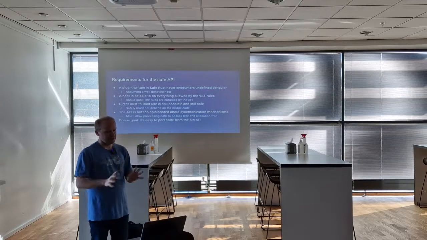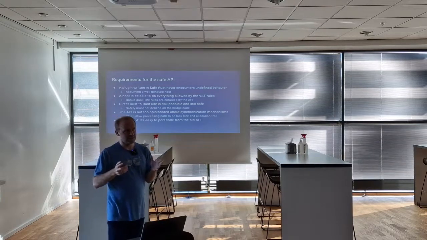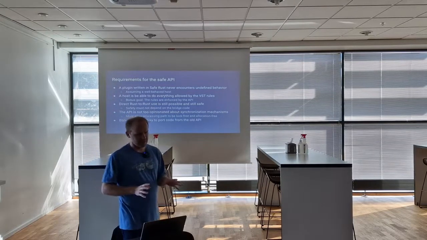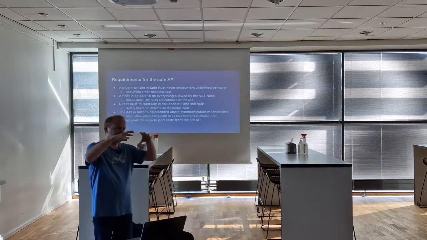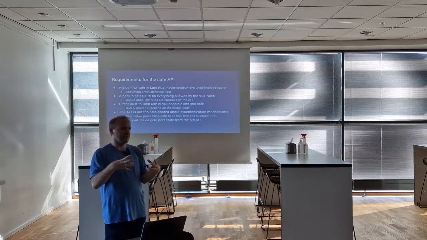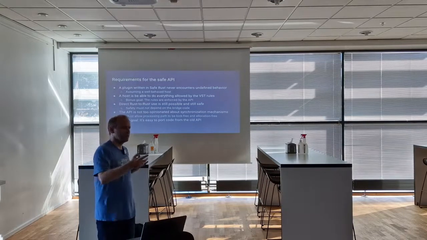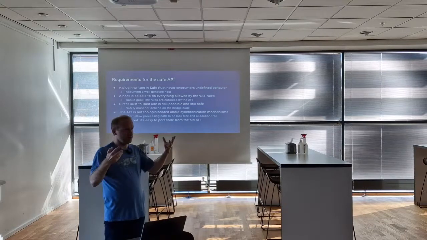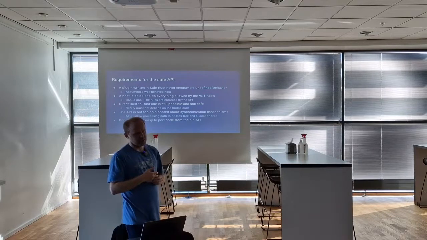Definitely a goal is that a plugin written in safe Rust never encounters undefined behavior. So the API itself must be shaped in such a way that you can never get into the situation where you have multiple references pointing at the same thing.